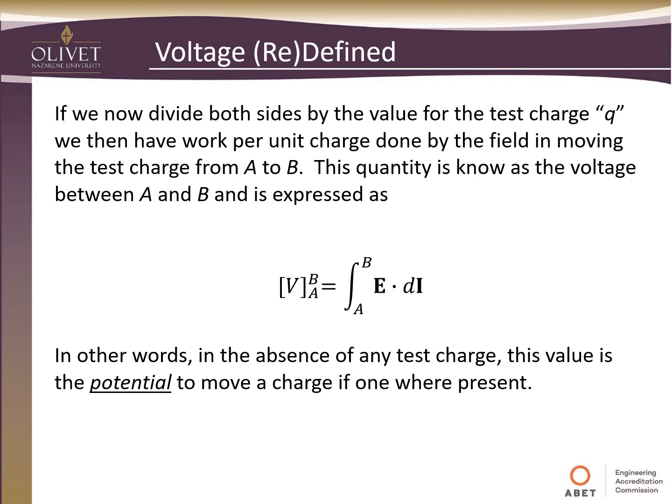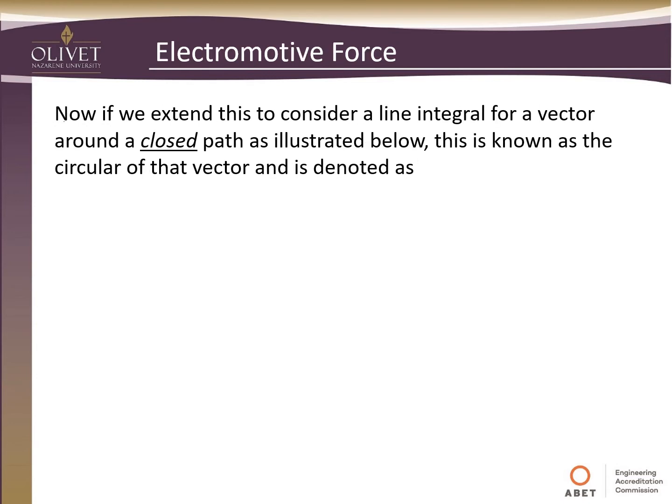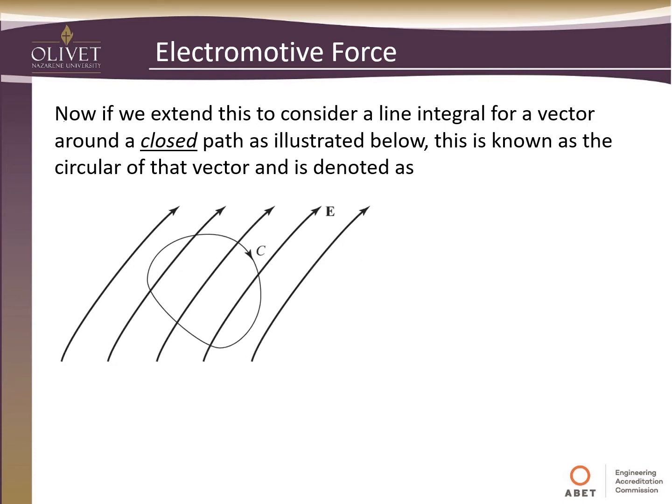So now if we extend this to consider a line integral for a vector around a closed path, as illustrated here, this is known as the circulation of that vector.